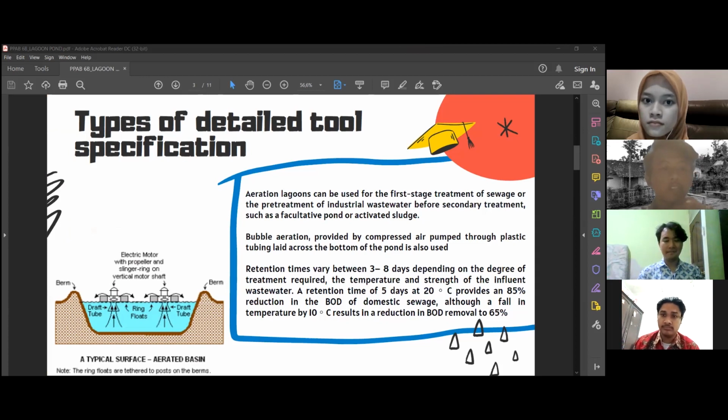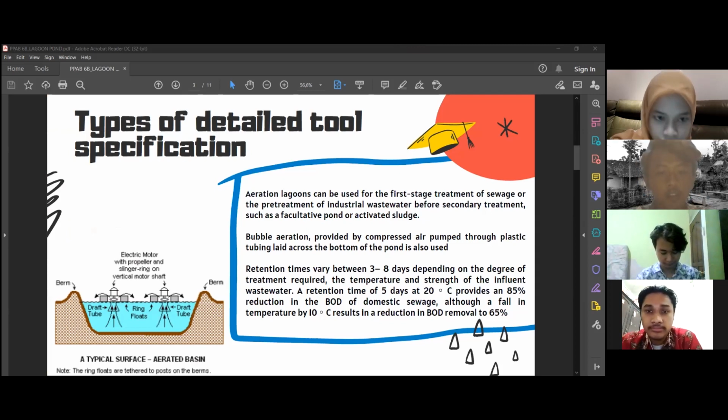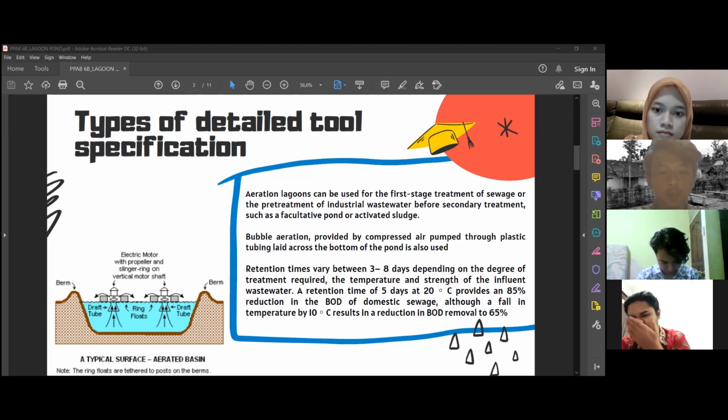First, the type of detailed tool specification. Aeration lagoons can be used for the first stage treatment of sewage or the pre-treatment of industrial wastewater before secondary treatment, such as a facultative pond or activated sludge.